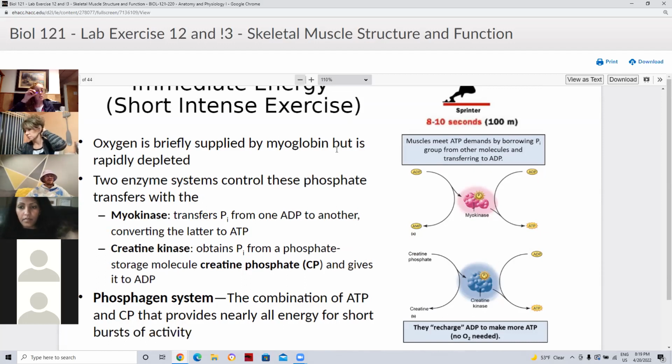There are two enzyme systems that are going to control ATP production. A myokinase. Did we talk about what a kinase was?